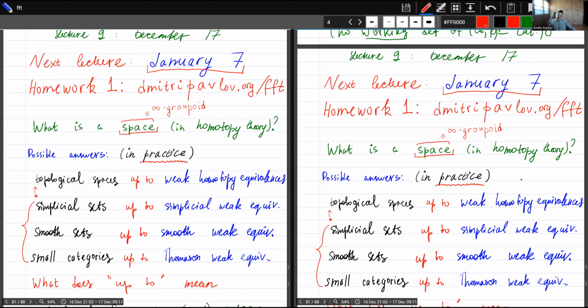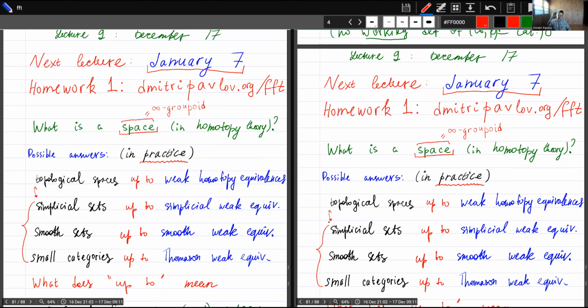And these maps on the right side, they are all secretly just maps that induce isomorphisms on homotopy groups. For topological spaces that was already mentioned.